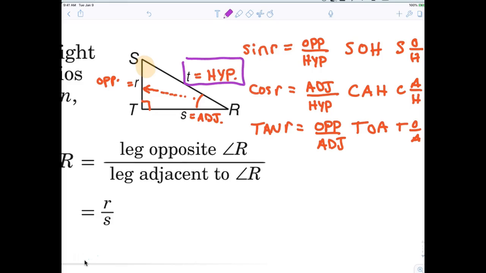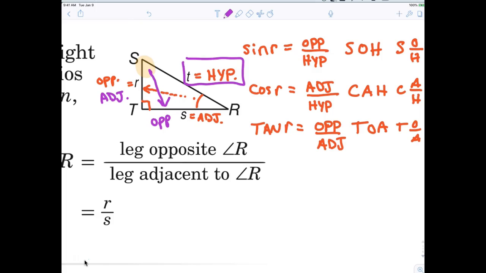The hypotenuse will never change, because it's opposite to 90. From S now, this side is the opposite, and ST becomes the what? That, to me, is the hardest thing for kids to realize. We're talking about it from a perspective.